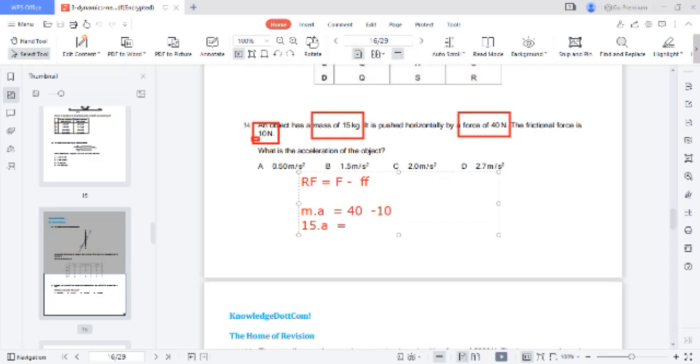So moving 15 to the other side, 30 divided by 15 is 2. So acceleration is 2 meter per second square. So our correct option is this one.